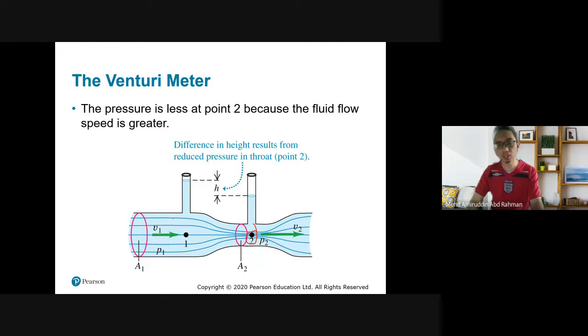When the flow is higher, the pressure will be smaller. But when the flow is small, the pressure is high. You just need to remember that: pressure is always related to the flow speed.